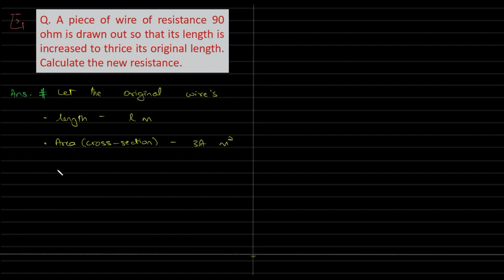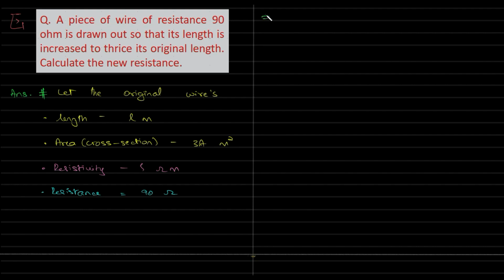And we have resistivity be equal to rho ohm meter. And the resistance happens to be 90 ohm. So all of this is given.